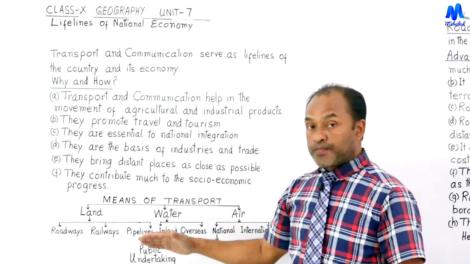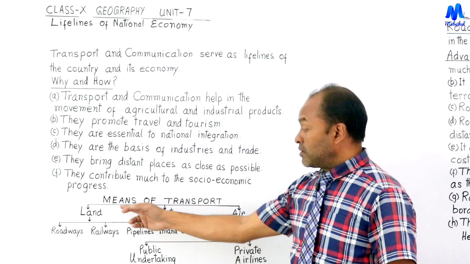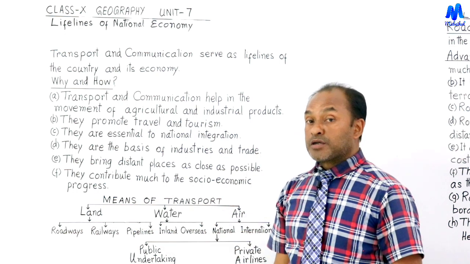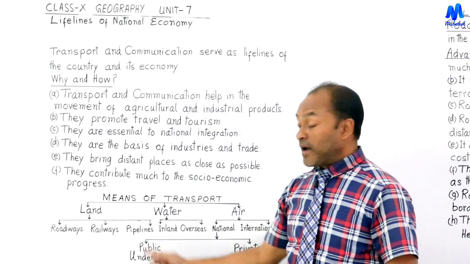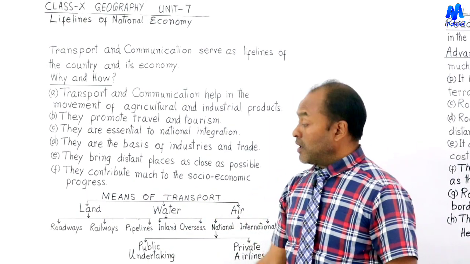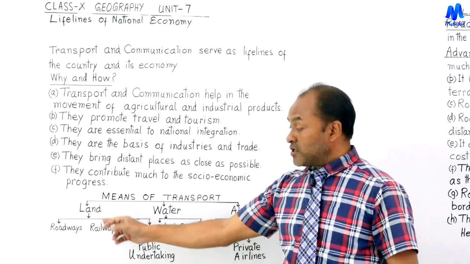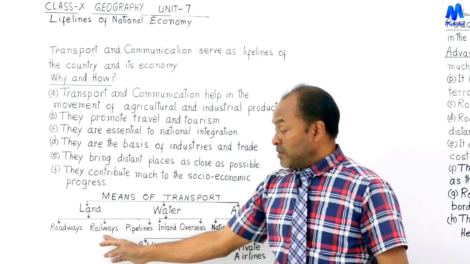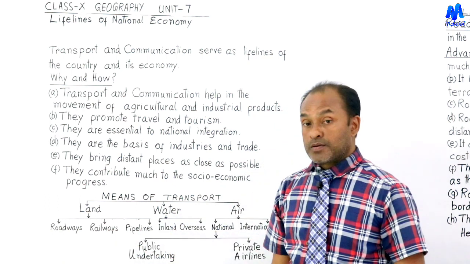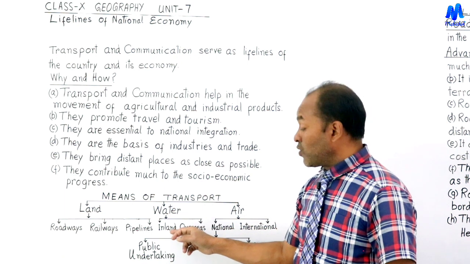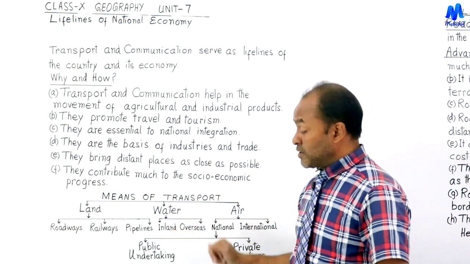Okay, next we are going to discuss about means of transport. So here there are various means of transport. We can find it here: land transport, water transport, air transport. And out of this land transport, we have three ways: roadways, railways, pipelines. Okay. Likewise, in waterways, we have inland waterways, overseas waterways.